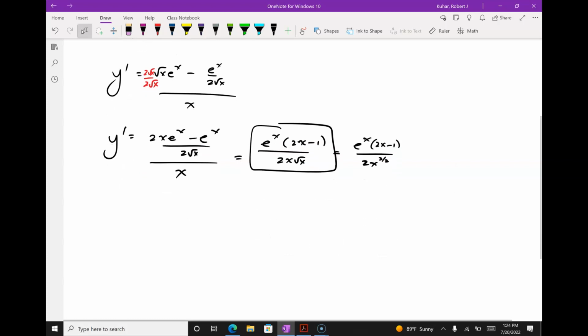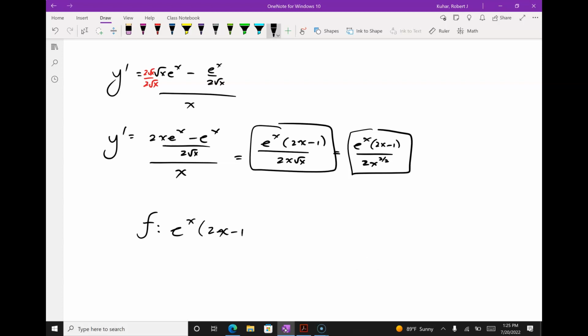Oh, I picked such a nasty one to do the second derivative for, because inside of the numerator is a product and inside the denominator is a product. I save a little work by using this version. So upstairs function is e to the x times 2x minus 1. But I need a product rule there to get my derivative, right?